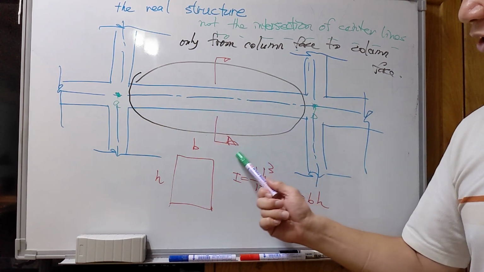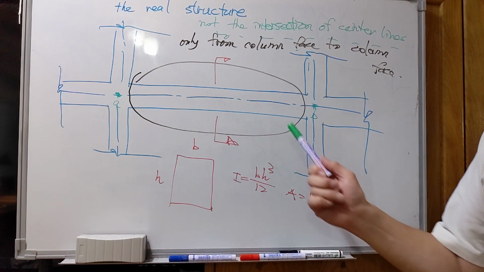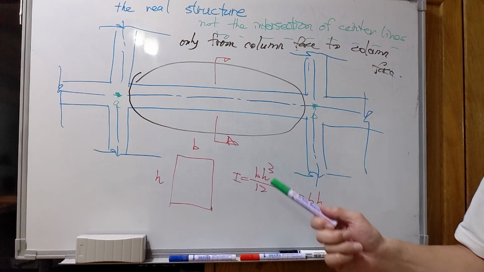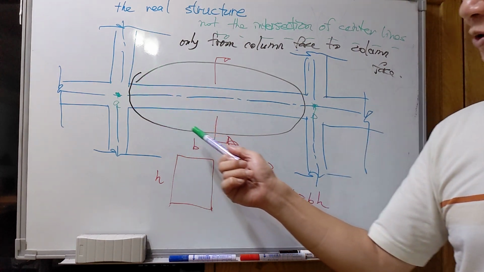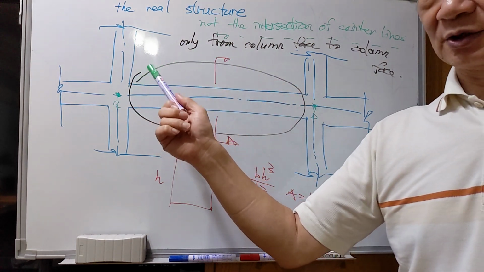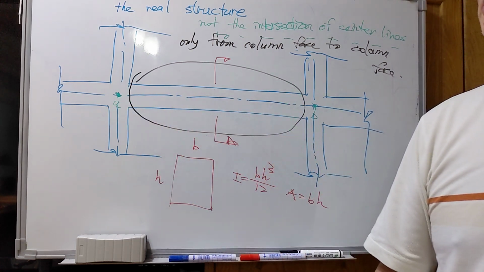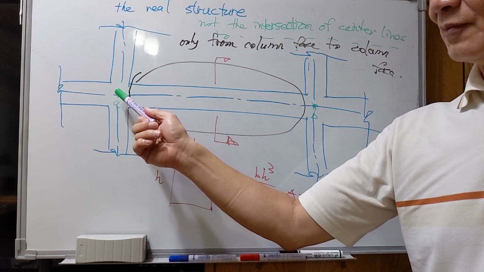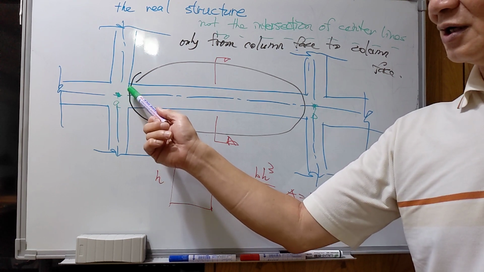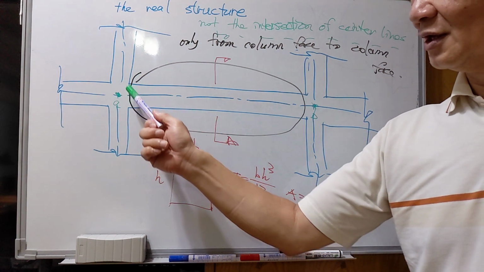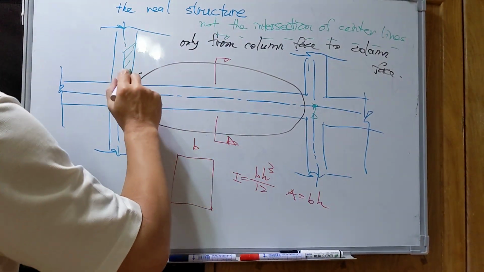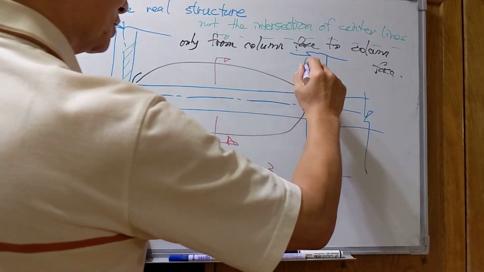And if we input the I and the A to the program, remember the I and the A can be applied only face to face, the column face to the column face. But it is not really the calculated I and A, which cannot apply to this part.